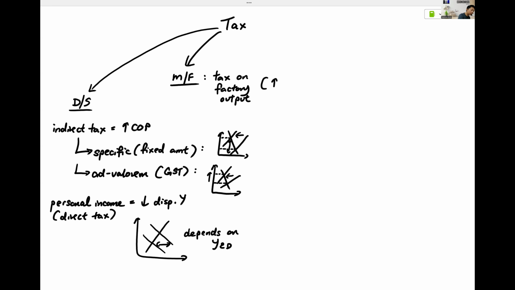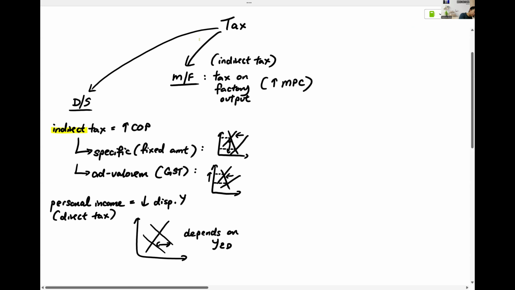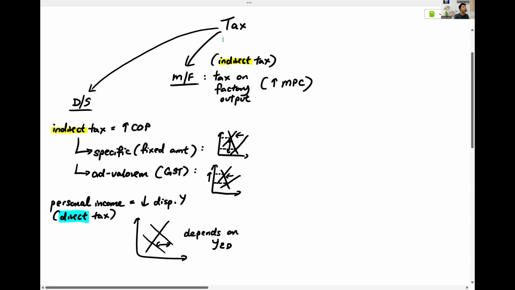You have an increase in your MPC. Follow? So this, once again, is your indirect tax. In market failure, I have to say, I've not seen direct taxes yet. Only indirect. Maybe I use this color code and it's very clear. This is indirect, indirect. And perhaps direct, I use this color.